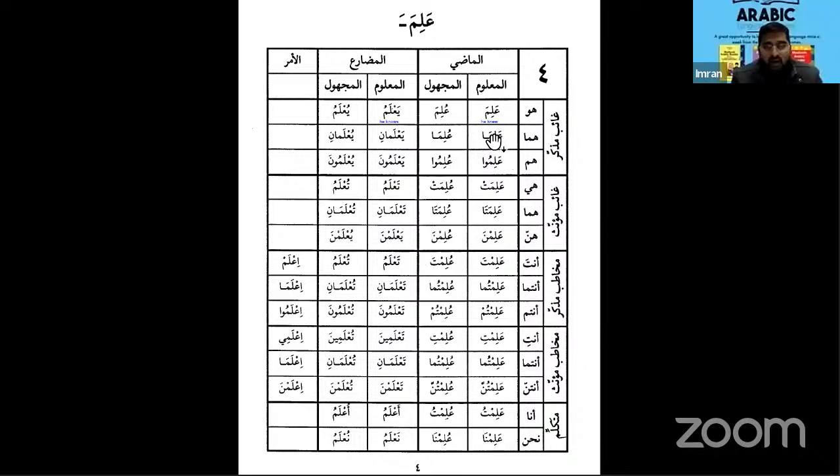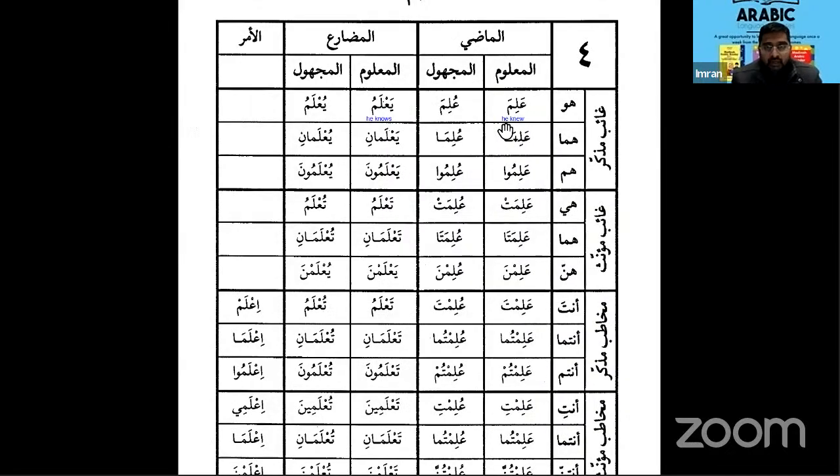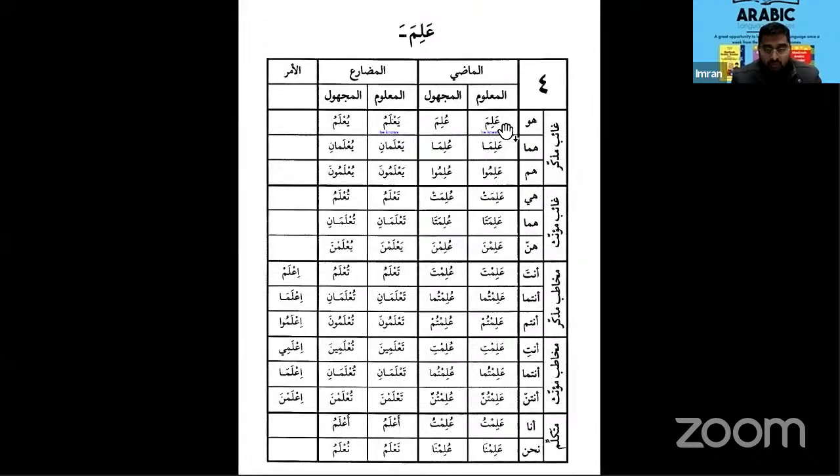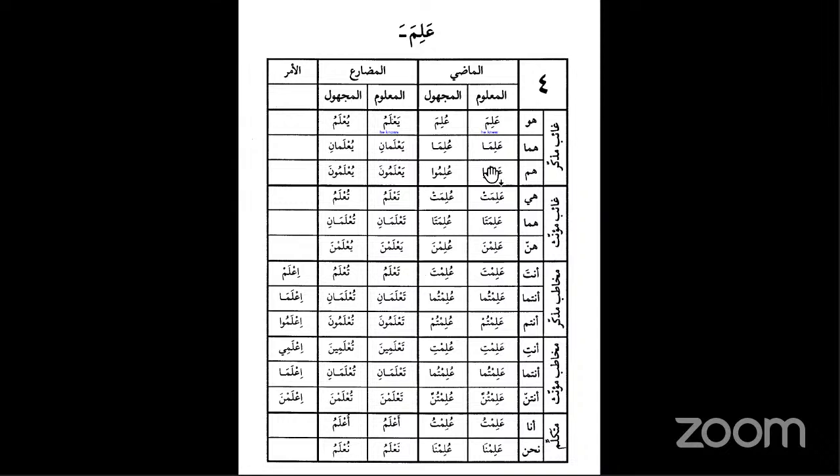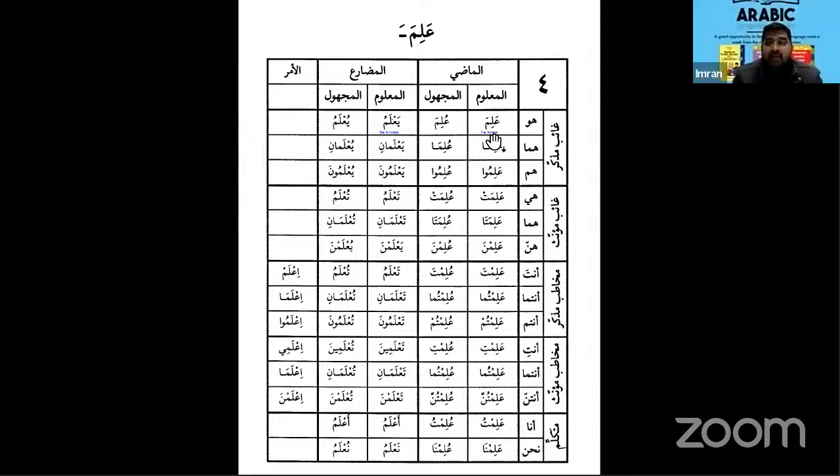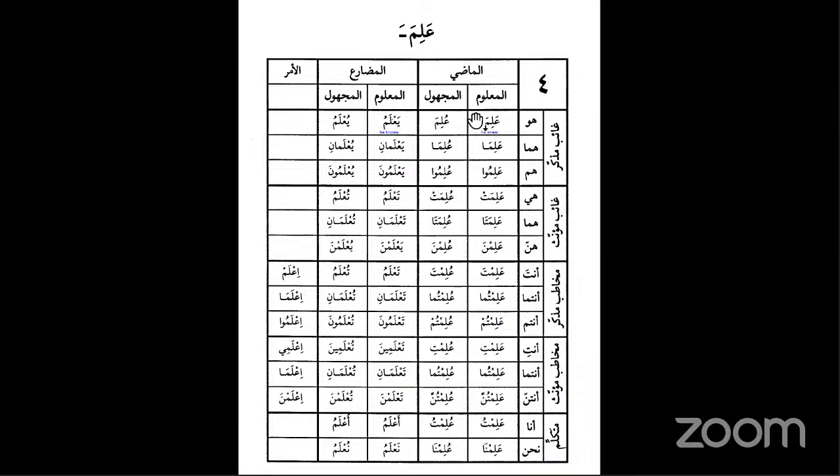Alhamdulillah. Now, this is the 3rd pattern for the past tense, which is alima, he knew. So can you kindly conjugate alima for me, please? Huwa alima, he knew. Huma alima, they both knew. Hum alimu, they all knew. Hiya alimat, she knew. Huma alimata, they both knew.